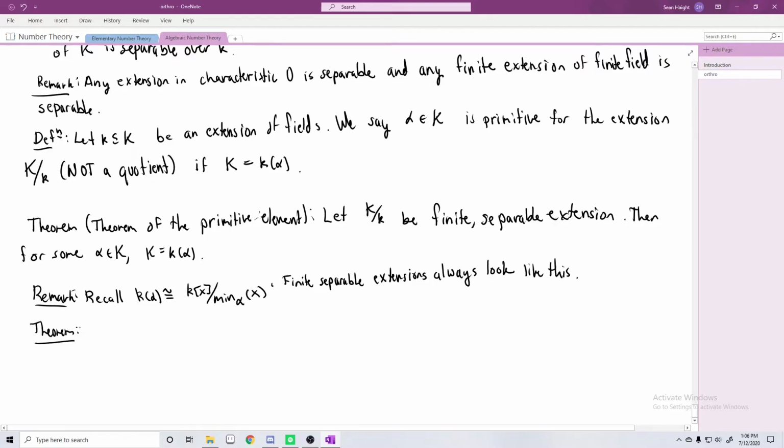Big K is going to be a finite separable extension of little k, and omega is going to be some crazy big field extension of little k.